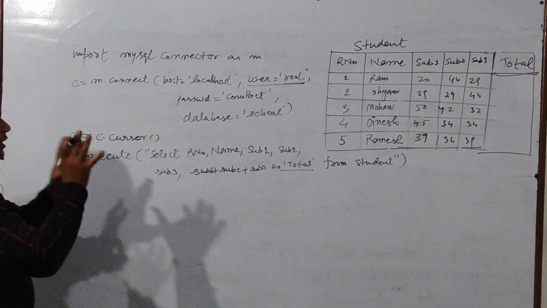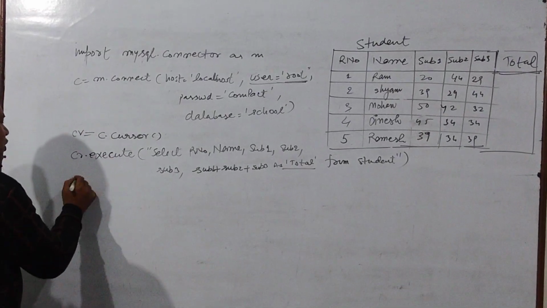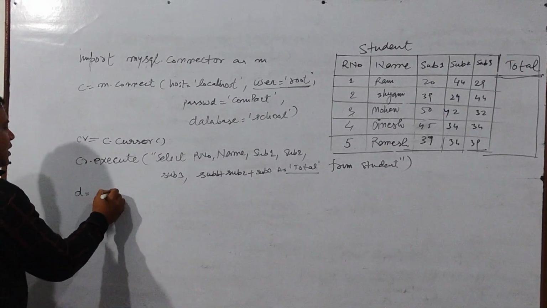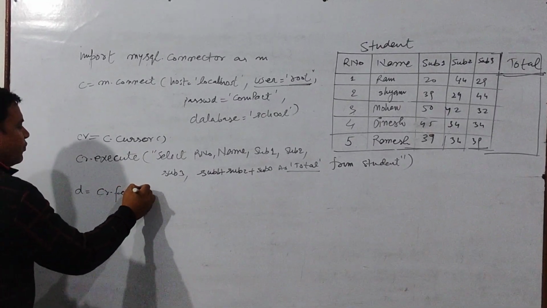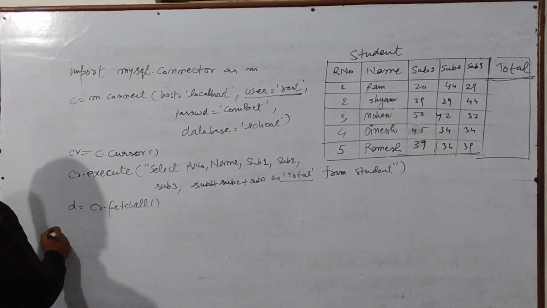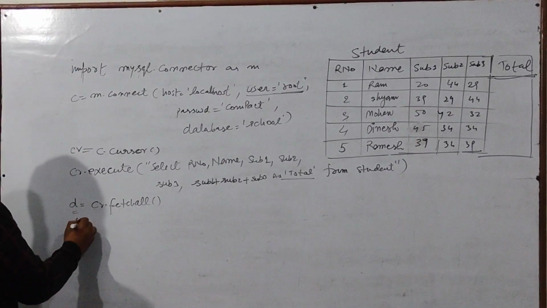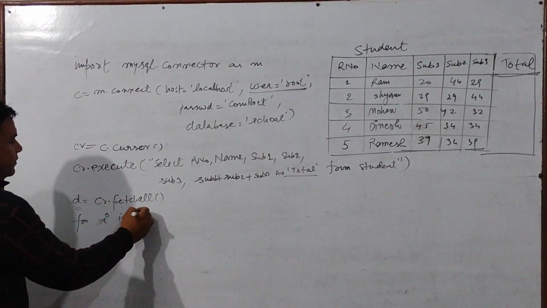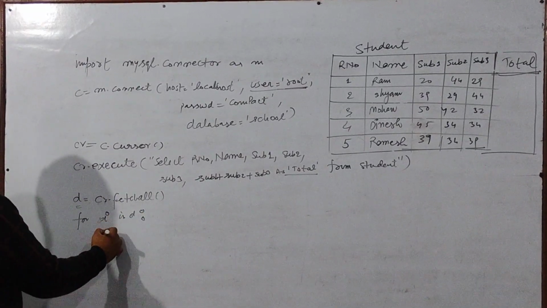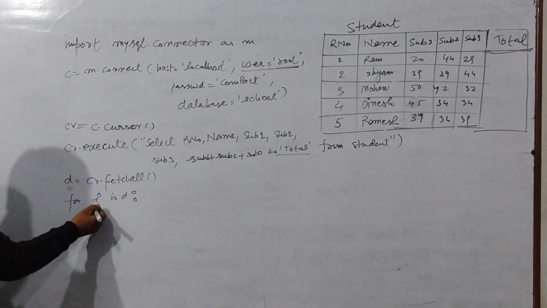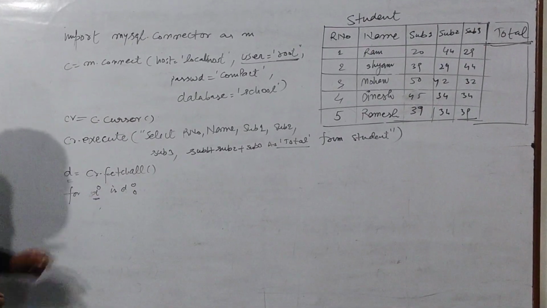Now these records are fetched by the fetchall function of the cursor object: d equal to cr dot fetchall. Now traverse this: for i in d, and again traverse it because this is a tuple.